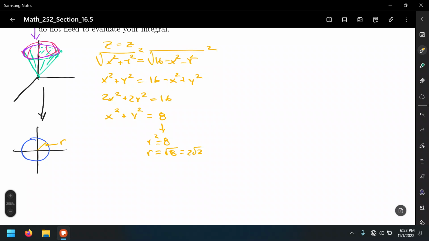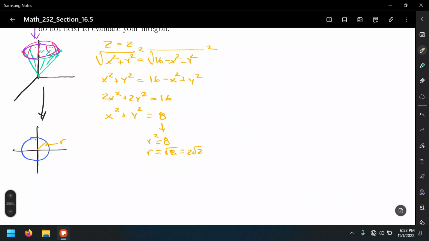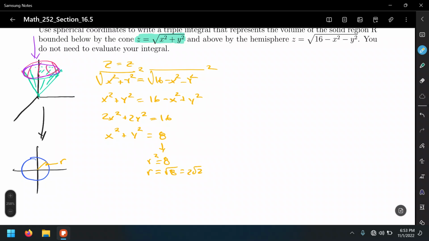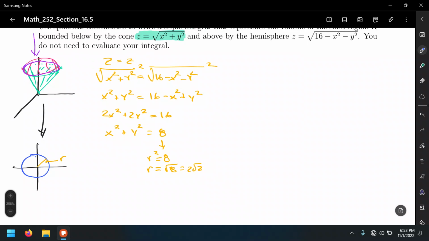All right. So when we set these equations together, what's going on at the boundary? Well, number one, let's start converting all to spherical coordinates. I'm going to start with this.